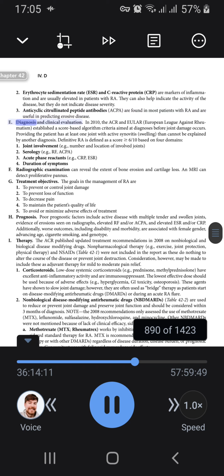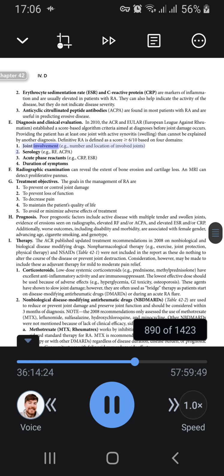E. Diagnosis and clinical evaluation. In 2010, the ACR and EULAR, European League Against Rheumatism, established a score-based algorithm criteria aimed at diagnosis before joint damage occurs. Providing the patient has at least one joint with active synovitis, swelling, that cannot be explained by another diagnosis, definitive RA is defined as a score of 6/10 based on 4 domains. 1.